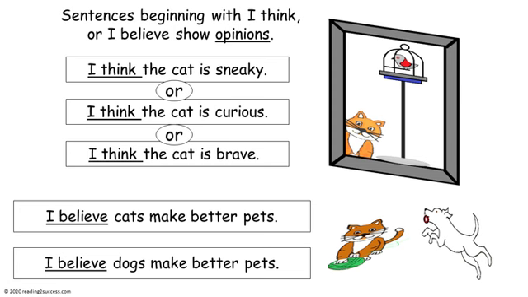And another person might say, I think the cat is brave. And 2 sentences with I believe. I believe cats make better pets. And then someone with a different opinion might say, I believe dogs make better pets.